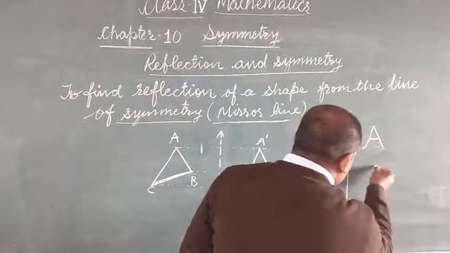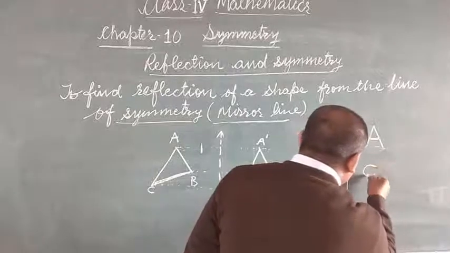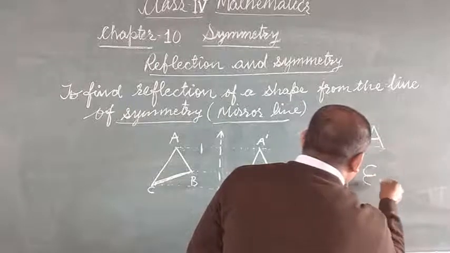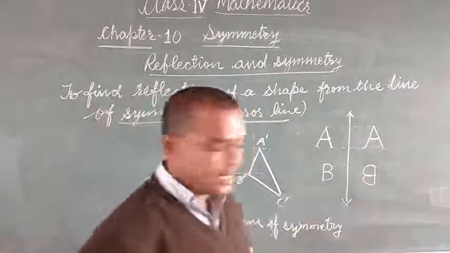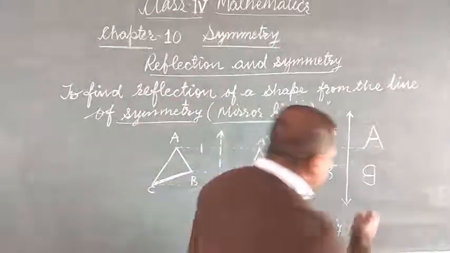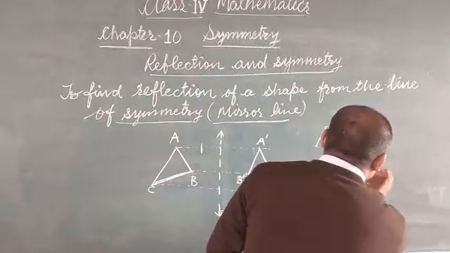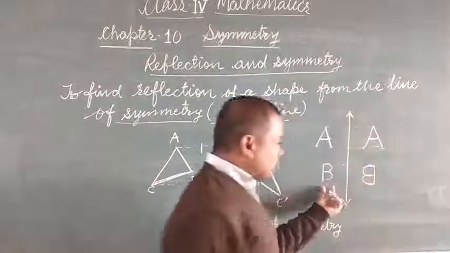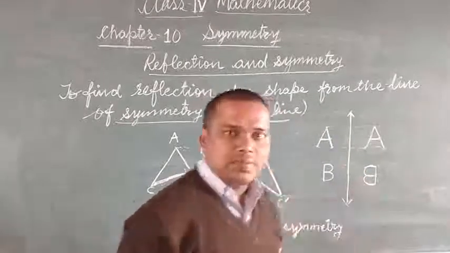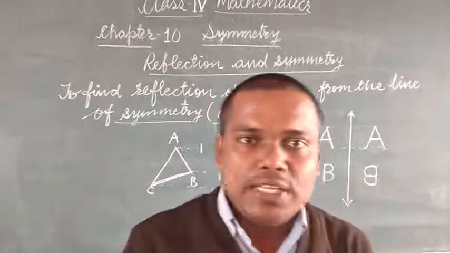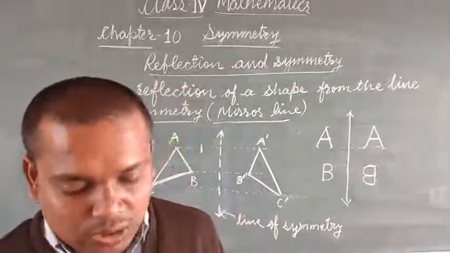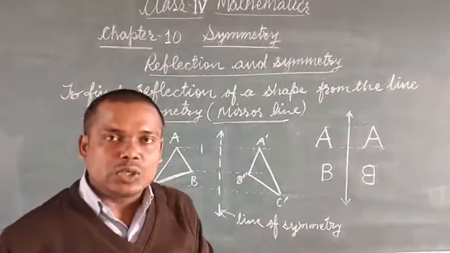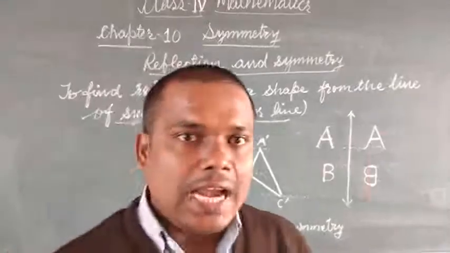So we will draw this, and this is the reflection of this letter. It is quite bigger, but it will come like this. So the reflection of letter B is this one. Similarly, you can get the reflection of any shape. Remember the rule, it is given here also in your book. You can learn the rules and you can draw.